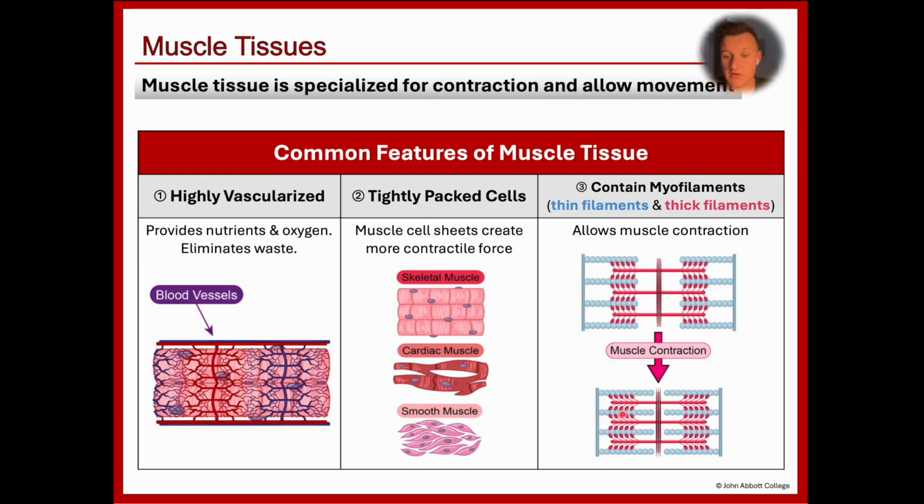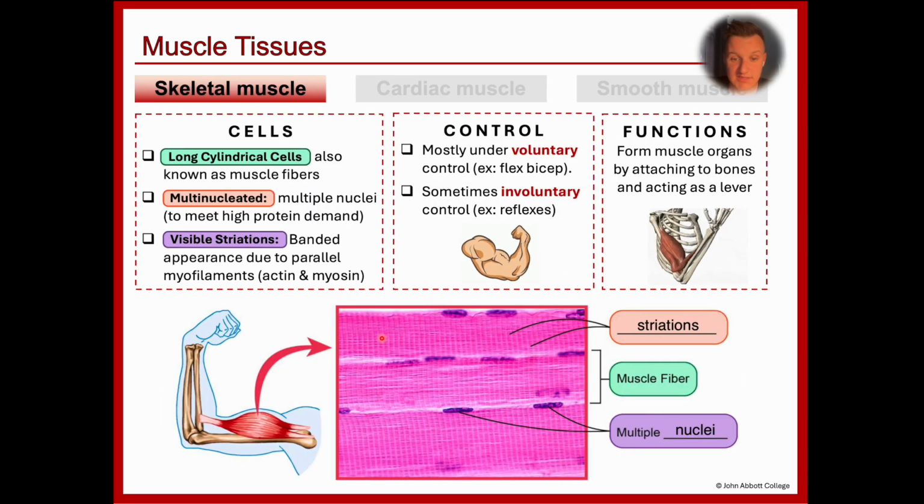You see the darker bands where these thick filaments are and lighter bands where it's just thin filaments. So you actually see this patterning due to the actin and myosin that line up in such a way. The control of this muscle is mostly under voluntary control.